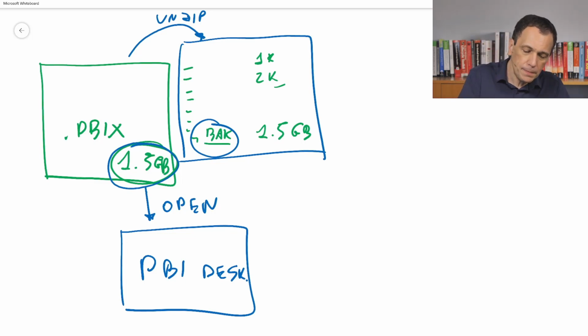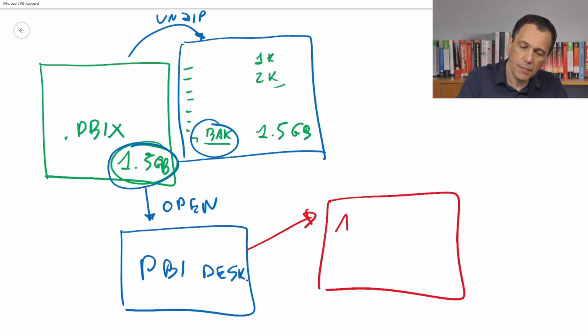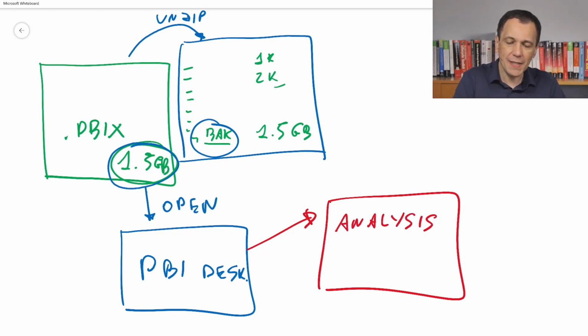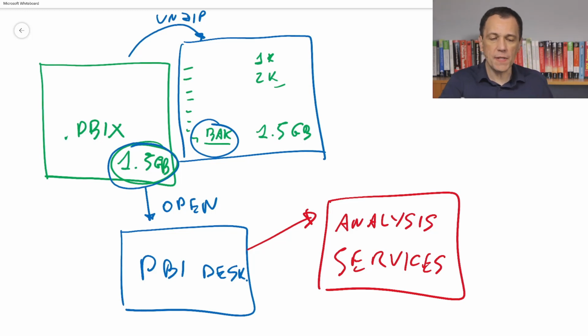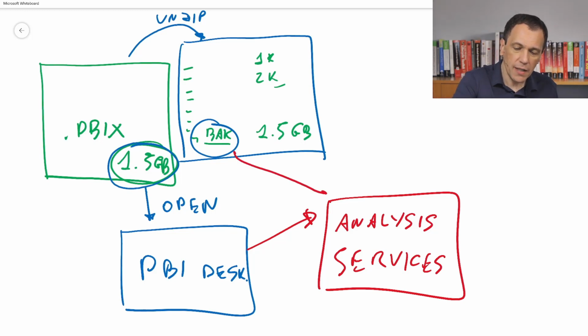Power BI Desktop starts analysis services. Analysis services is the process that has the engine for VertiPaq, DAX, all this stuff. And analysis services receives this file and performs what is called a restore operation, restore.